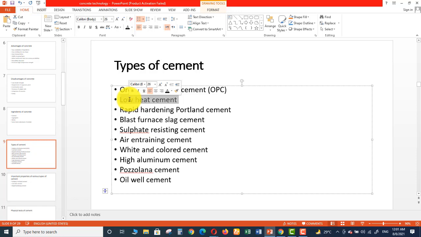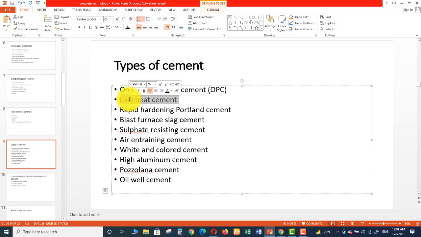What is the main function of the presence of lime? The presence of lime in cement makes cement sound, provides strength to the cement. So lime is an important ingredient or constituent of the cement. So it is a sort of disadvantage of low heat Portland cement that it contains less lime as compared to OPC. And the next point is that low heat cement possesses less compressive strength.